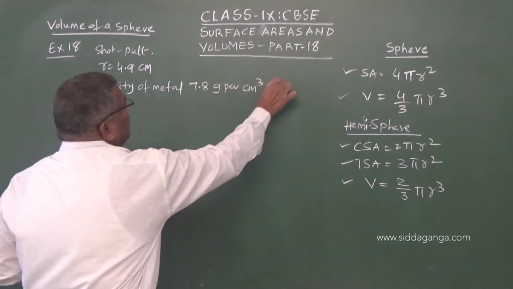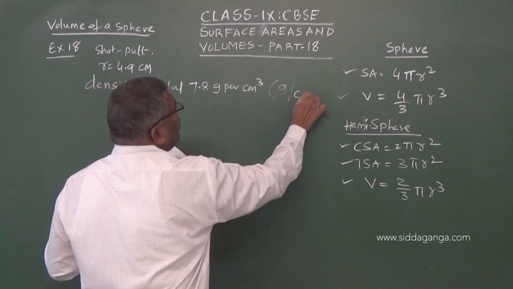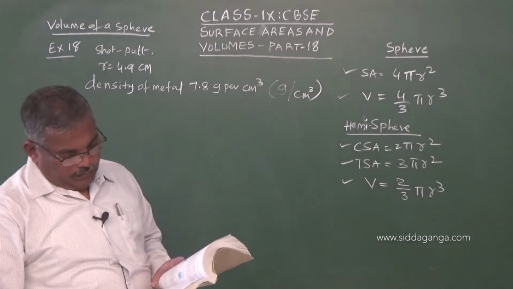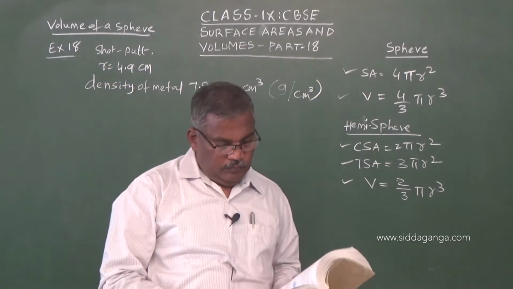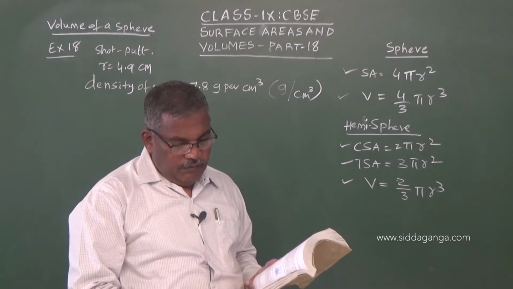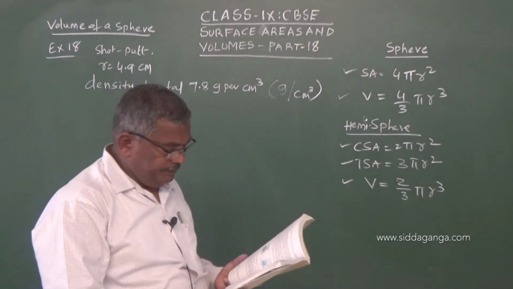You can write it like this or gram per centimeter cube. You can write like this also.